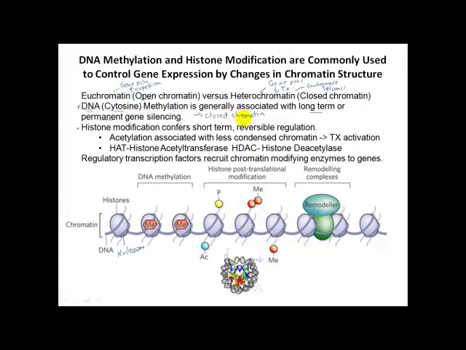Well, it doesn't do it directly. So here we see a diagrammatic representation of a methyl group that's been added on to a cytosine nucleotide in the DNA. And there's nothing about that methyl group that changes the interaction of the DNA with the protein. Instead, it serves as a binding site for recruiting proteins that can come in and remodel the chromatin structure itself.